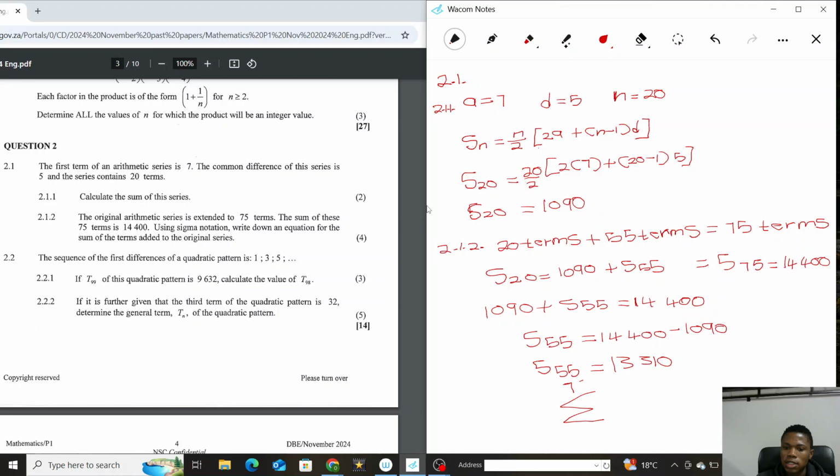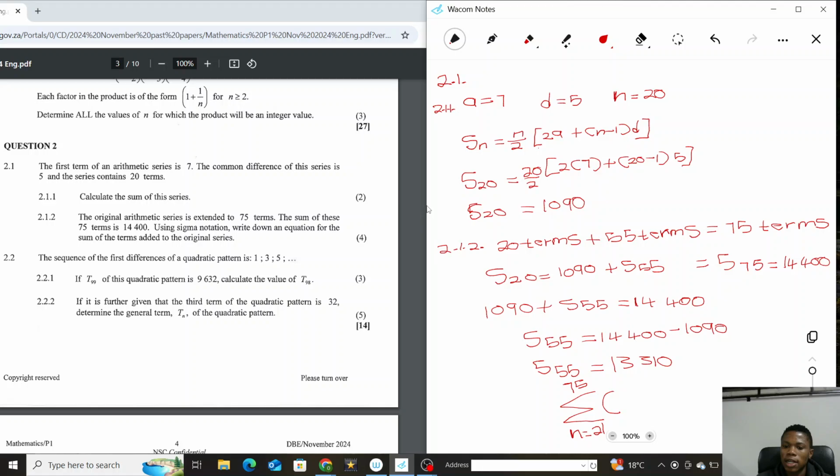Why is my n equal to 21? Because these 55 terms that are added to the original arithmetic series start from 21. That's why my n is 21. Therefore here I must write my general term.